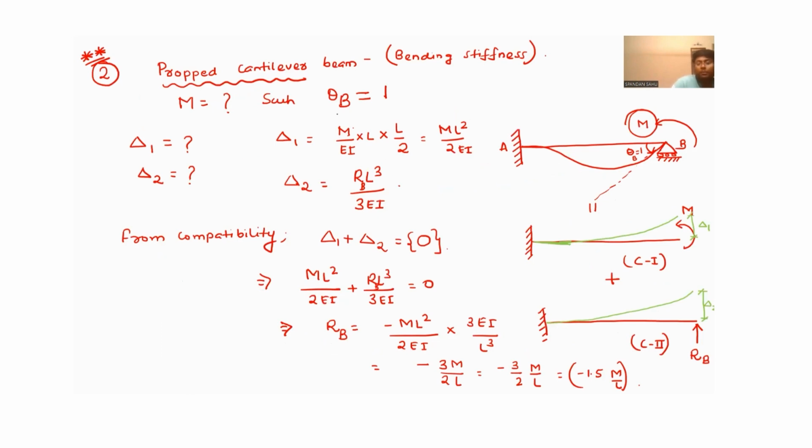You should remember them because you cannot find them that easily during the exam. So this M value here will be 4 EI by L.